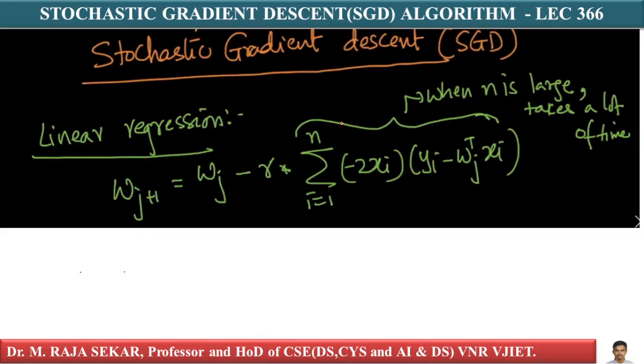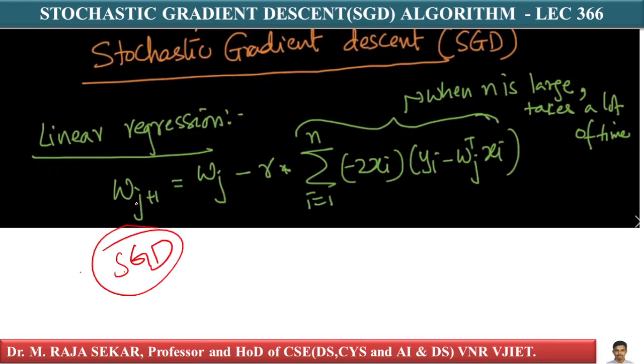There is a very nice solution to this, which is called the stochastic gradient descent algorithm. If I have to pick one algorithm which is the most important optimization algorithm in the whole of data science, I will pick SGD, stochastic gradient descent.